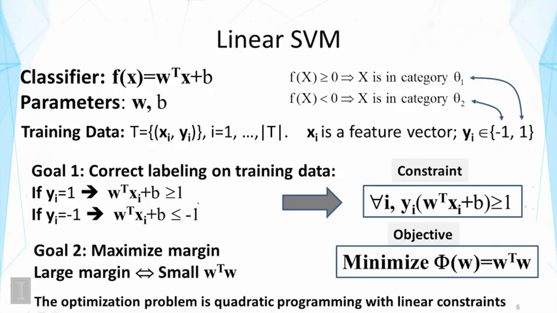We have some variables to optimize, the weights and B, and we have some constraints. These are linear constraints, and the objective function is a quadratic function of the weights. So this is a quadratic program with linear constraints, and there are standard algorithms available for solving this problem. Once we solve the problem, we'll obtain the weights W and B, and this would give us a well-defined classifier. We can then use this classifier to classify any new textual objects.